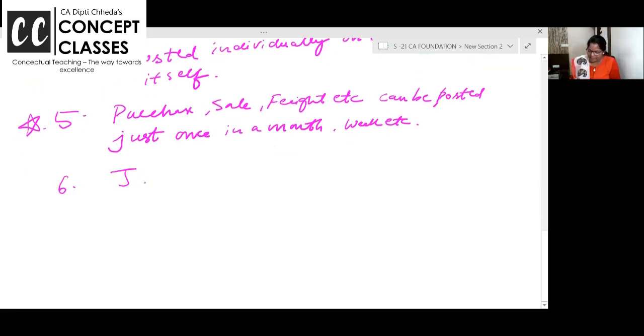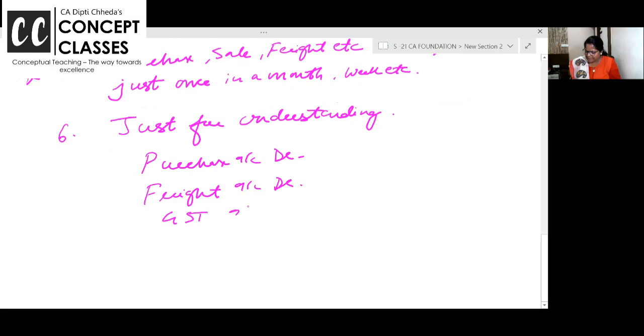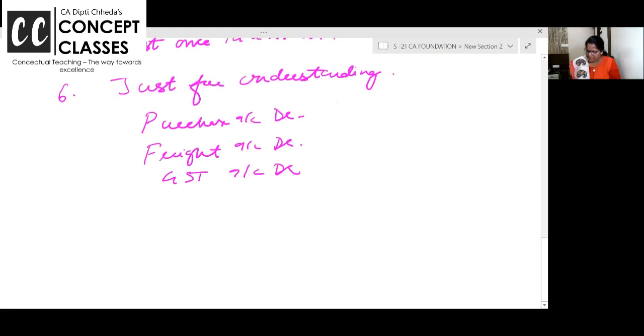And यहाँ पे ऐसे लिखो, just for understanding. Though we are maintaining subsidiary books, but अगर इसको journal proper में लिखते, तो how would you write? Purchase account debit, freight account debit, GST account debit, to party or your creditors.